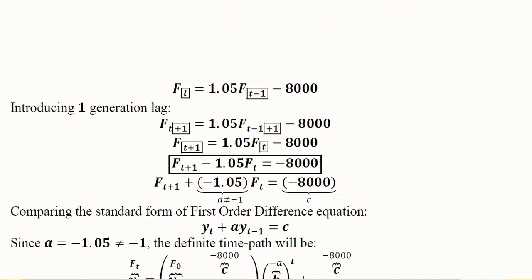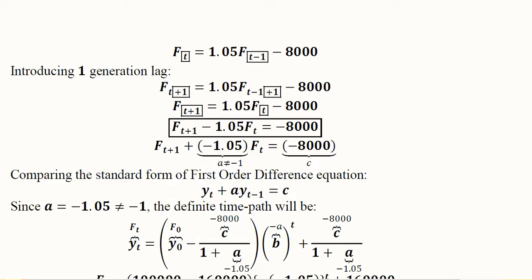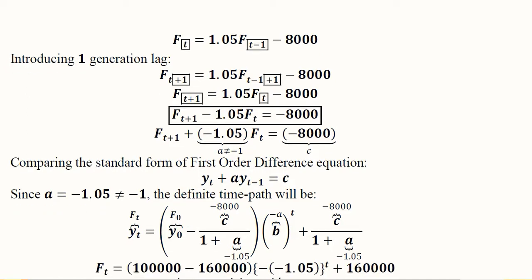So this is the first order difference equation that we have developed. Now we can try to solve it as well to get its time path. For this, definitely we need to make it comparable to the first order difference equation, in which we have plus 1 as the subscript along with the independent variable, which in this case is t.